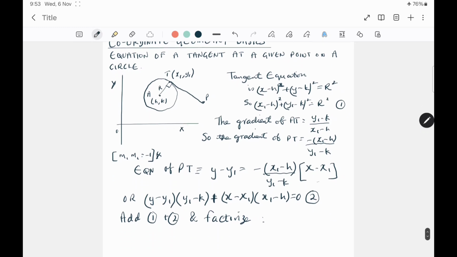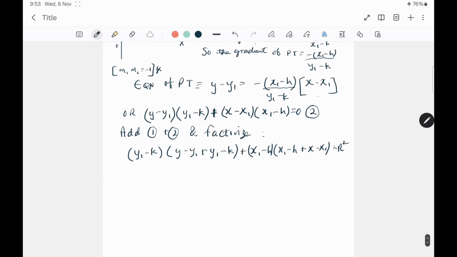We'll get y1 minus k times y minus y1 plus y1 minus k, plus x1 minus h into x1 minus h plus x minus x1 equals r squared.